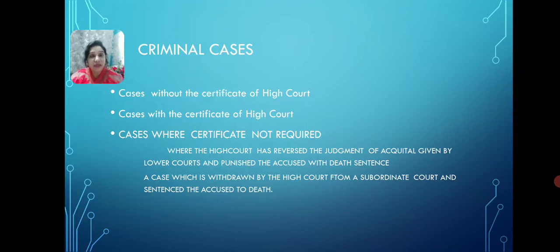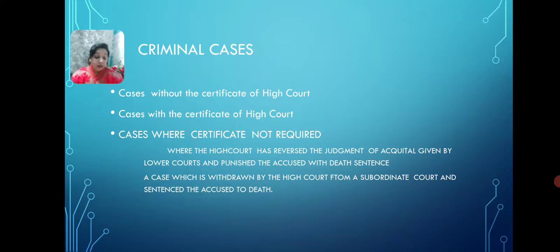And the High Court feels that there is no wrong in the judgment given by the subordinate court, and the High Court withdraws from taking that case on the grounds that there is no wrong in the judgment given. And if the accused is sentenced to death, then there is no need of any certificate of the High Court. Then that can be directly appealed to the Supreme Court.